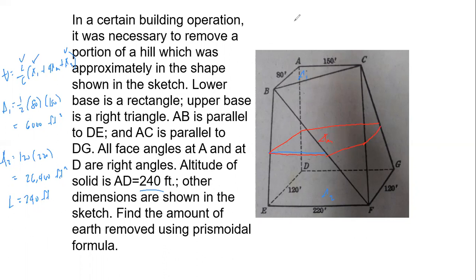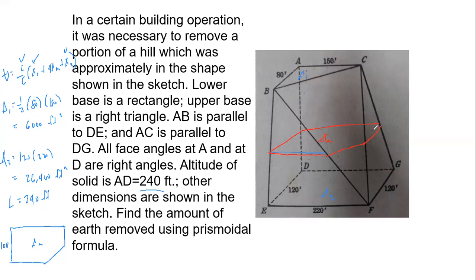So we need to redraw the figure. This is the midsection area. For this part, this is 100, since 120 plus 80 divided by 2 is 100.